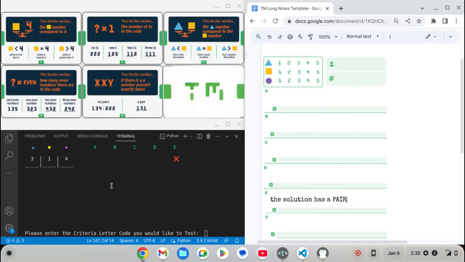Let's see. Well, let's go ahead and test criteria card D. Okay, so it does not approve of a single even. So that means that either there are 0 evens or 2 evens, since we already established previously that you can't have 3, and the Turing machine just informed us that 1 is incorrect.